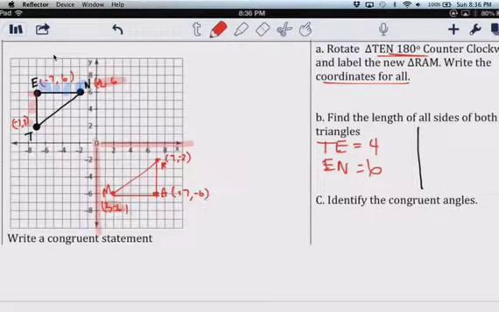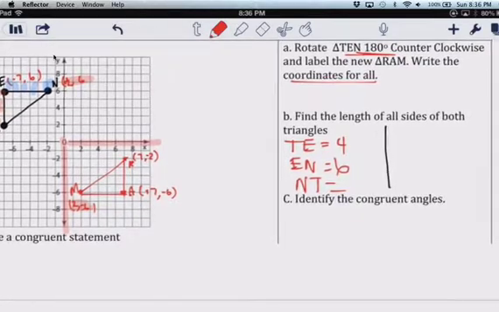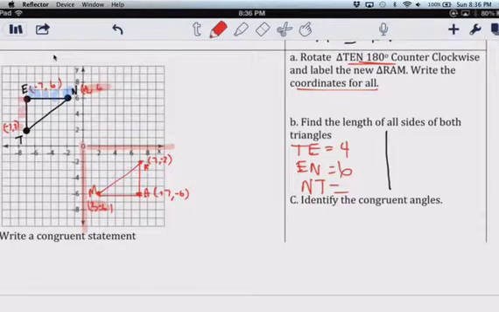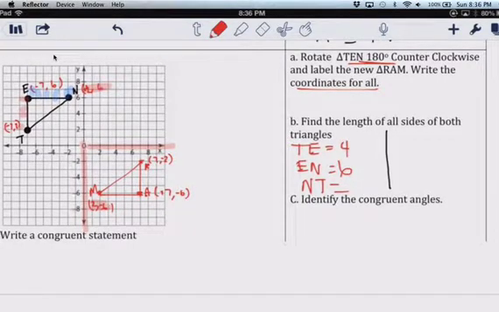And then NT, we need to do square root. So that's the same as TE, that's RA equals 4. AM is equal to 6.